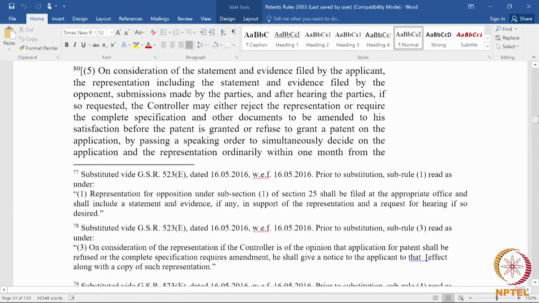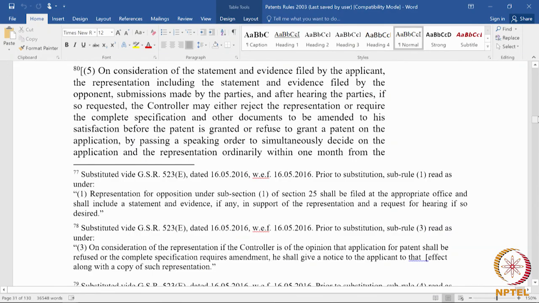On consideration of the statement and evidence filed by the applicant, the representation including the statement and evidence filed by the opponent, submissions made by the parties, and after hearing the parties. So, if there is a hearing requested, he has to hear the parties. If so requested, the Controller may either reject the representation, by representation we mean the opposition, and require the complete specification and documents to be amended to his satisfaction before the patent is granted.